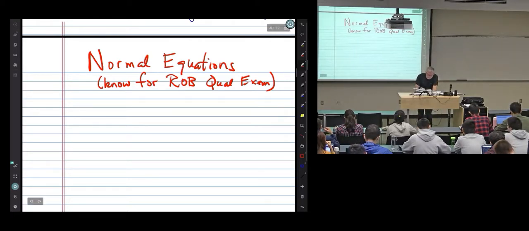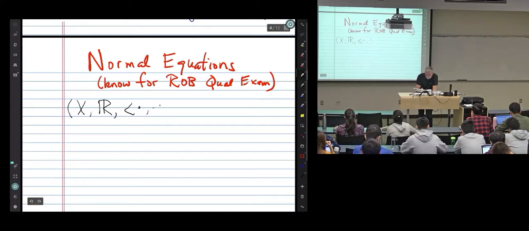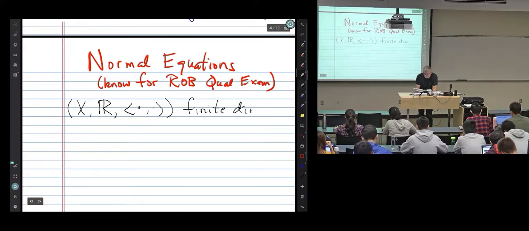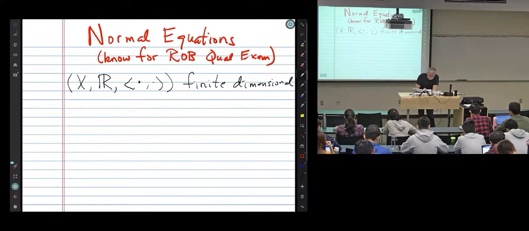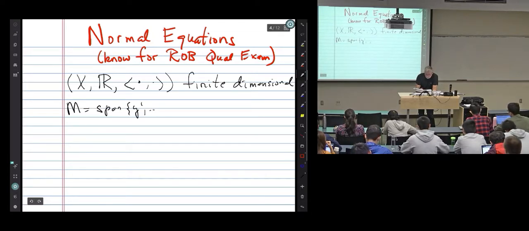So here's the data that we're going to start out with. X, R, finite dimensional. We're going to assume that we know a basis for M.